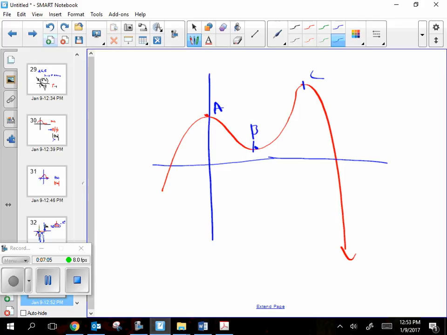Let's say B is the point 8, 2, and C is 16, 18. If it's 8, 2 to 16, 18, how would we say that it increases in that interval?